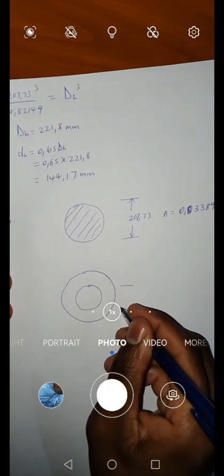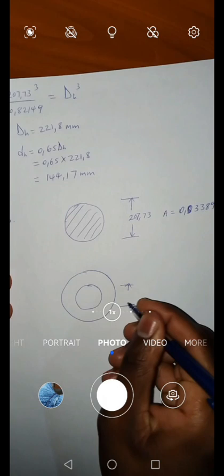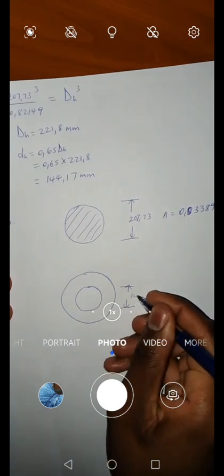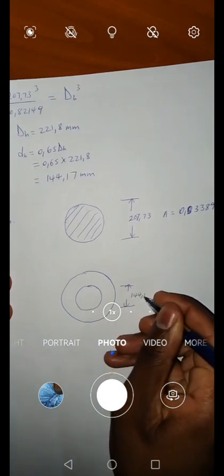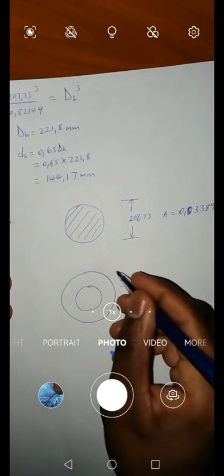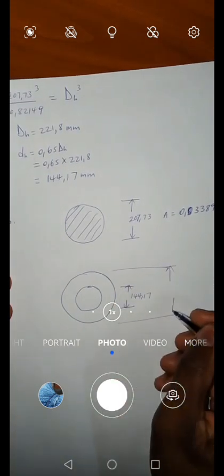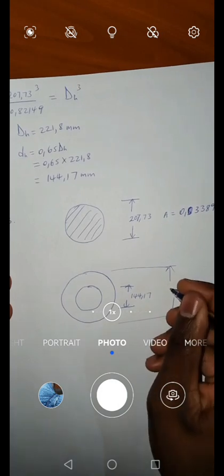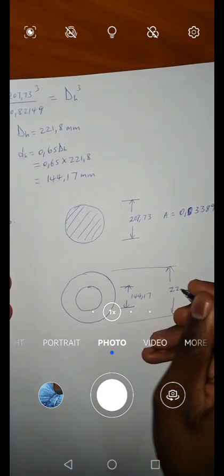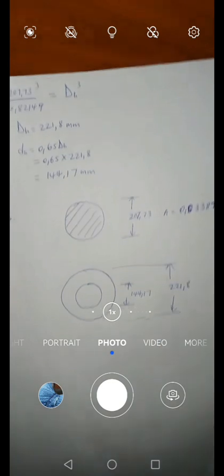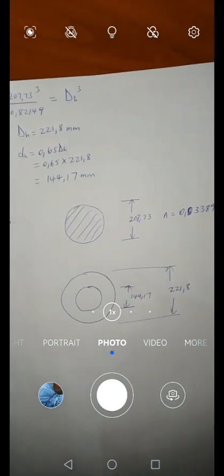We are going to use this diameter of 144.17, and this one with outer diameter of 221.8. Right. So let me start with this thing here.